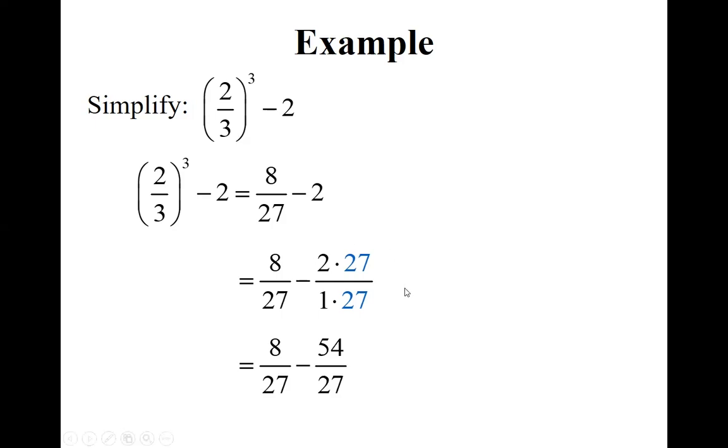Keep the 27 on the bottom. 8 minus 54 is negative 46. And this does not reduce. We can try. They don't both divide by 2 because the 27 isn't even. They both don't divide by 3 because 4 plus 6 is 10, so 46 doesn't divide by 3. They don't seem to divide by anything else either.